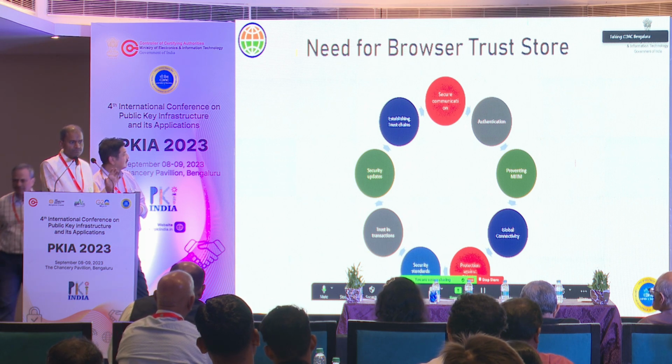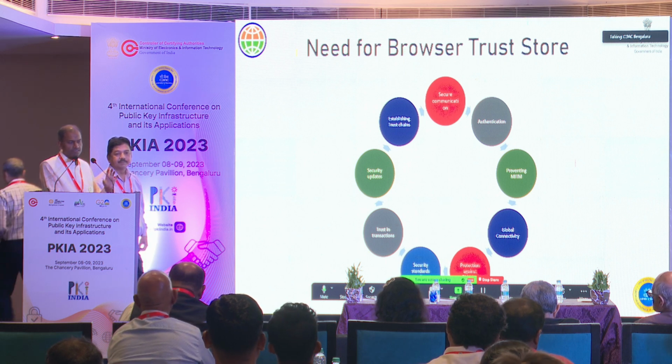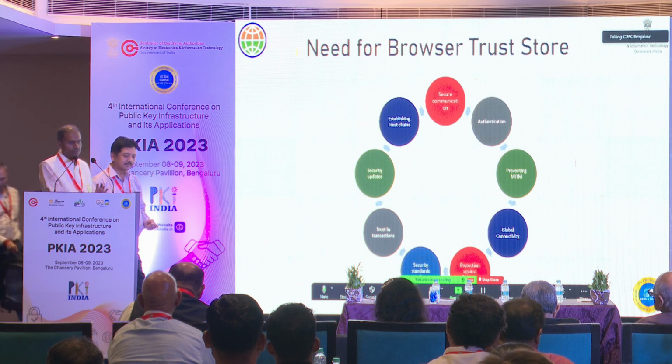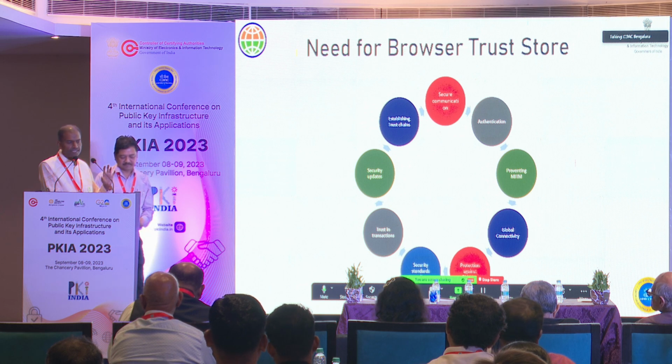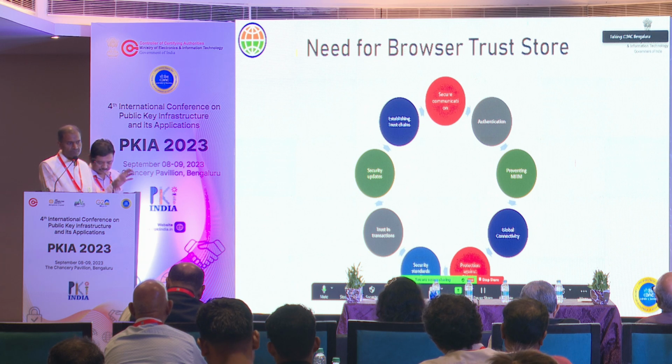The certificates are chained together, and the trust chain can be established through the trust store. So we would like to have the Indian root CCA certificate inside the root certifying authority folder within the trust store.